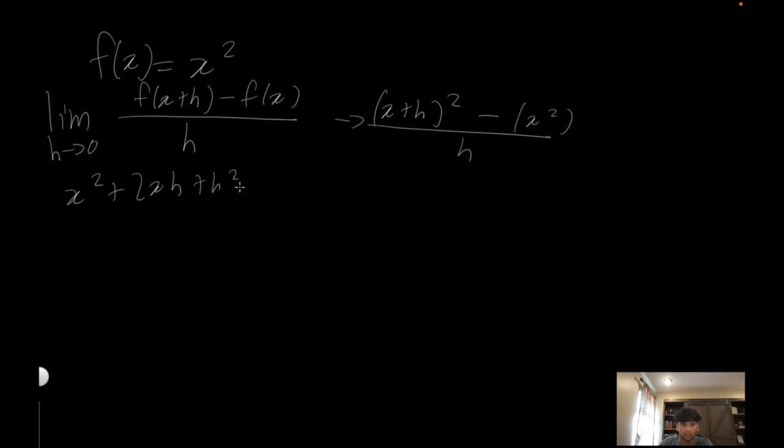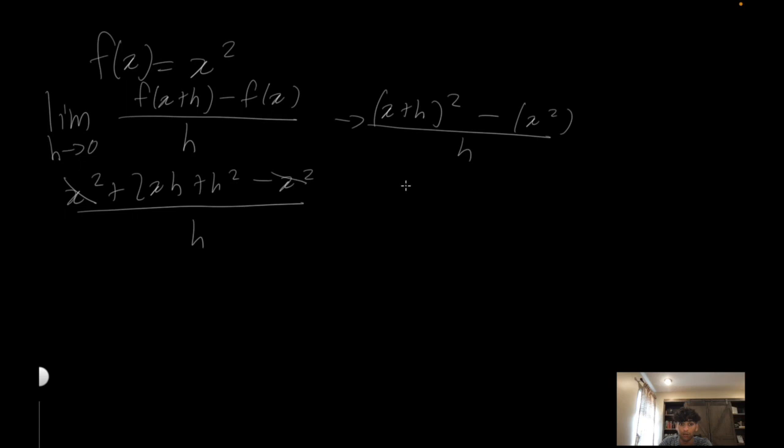So let's substitute it in. So x plus h squared minus x squared over h. Okay, so let's expand this. Minus x squared all over h. These terms cancel out.